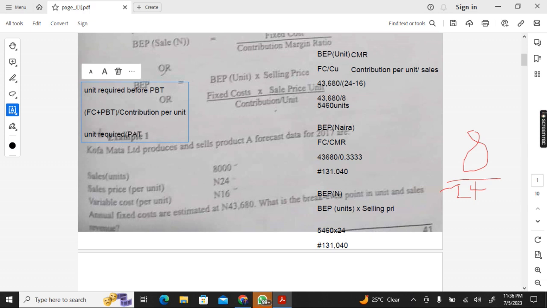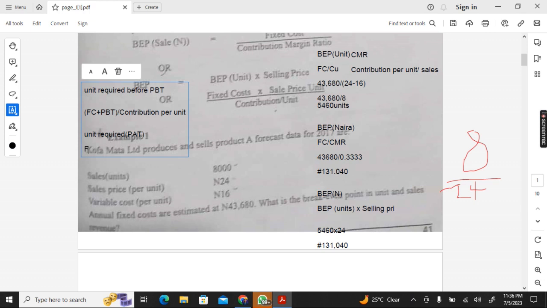That is fixed cost plus PAT, divided by one minus TR, where TR is the tax rate. All of that divided by contribution per unit.